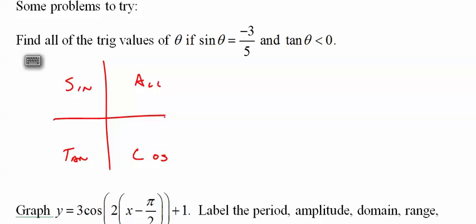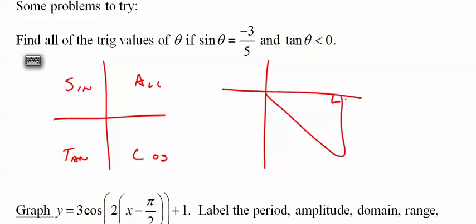And it says sine is negative, so we are down in the fourth quadrant. So I zoom in on that, draw it up to my x-axis, throw my theta in, and sine is negative 3 over 5, therefore cosine is 4, the adjacent side is 4. So sine is negative 3/5.